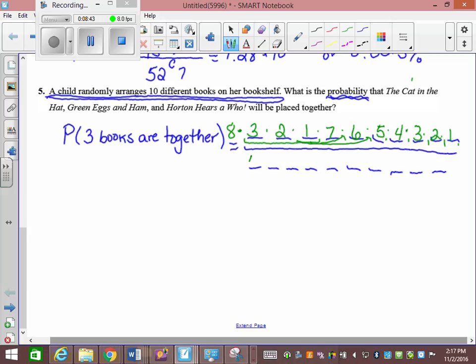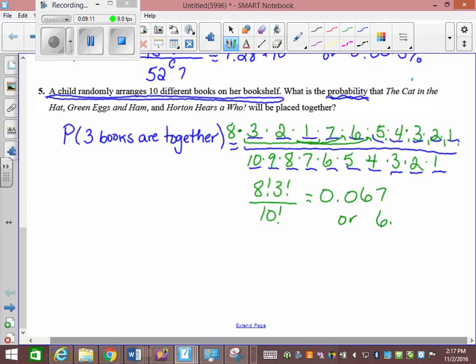How many for here? 10 factorial. 10, 9, 8, 7, 6, 5, 4, 3, 2, 1. So it's going to be 8 factorial times 3 factorial, over 10 factorial. And I can say 8 factorial because it's 8, 7, 6, 5, 4, 3, 2, 1, and then 3, 2, 1 for the 3 factorial. When I do that, I get 0.067, or 6.7%.